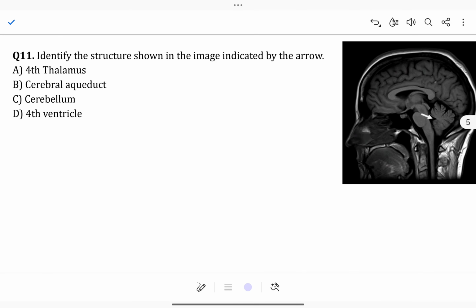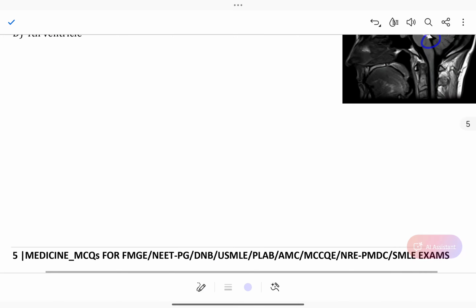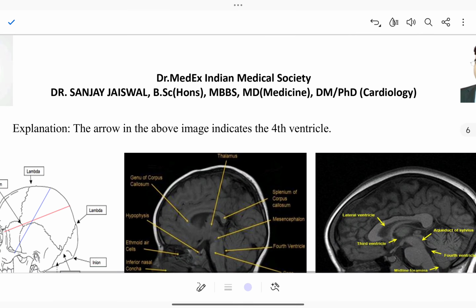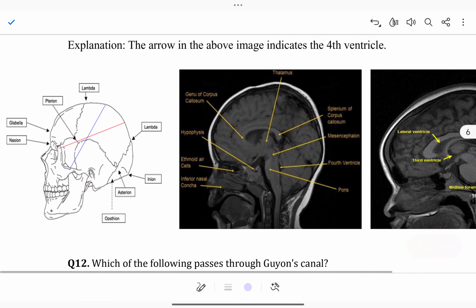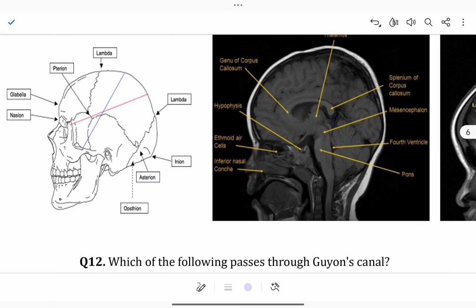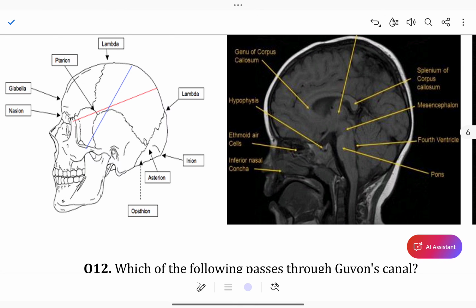Okay. Question number 11. Identify the structure shown in the image indicated by the arrow. This part, arrow. Very easy. I will let you know a little bit. For pterion, I will make you clear. This part is pterion, which is given in the question.